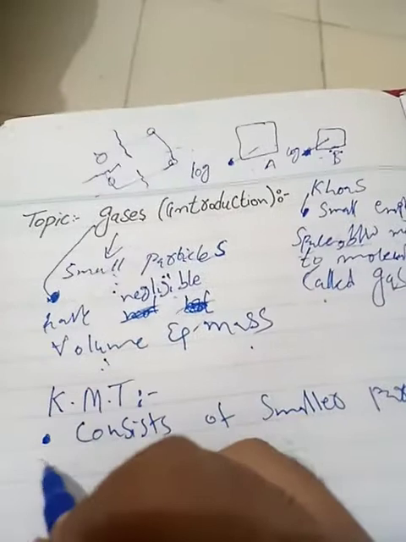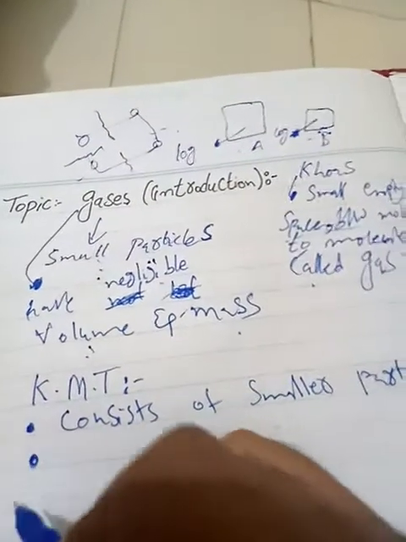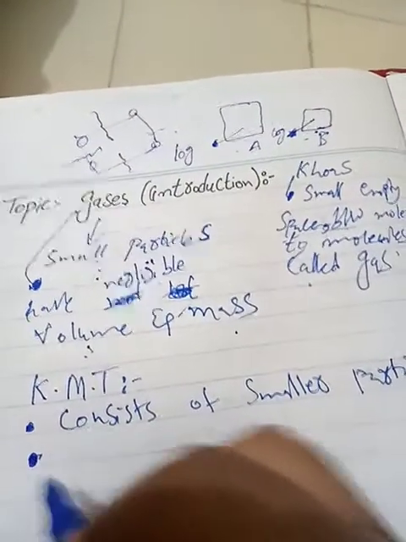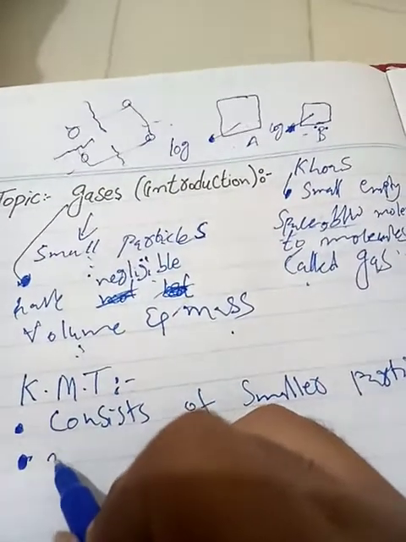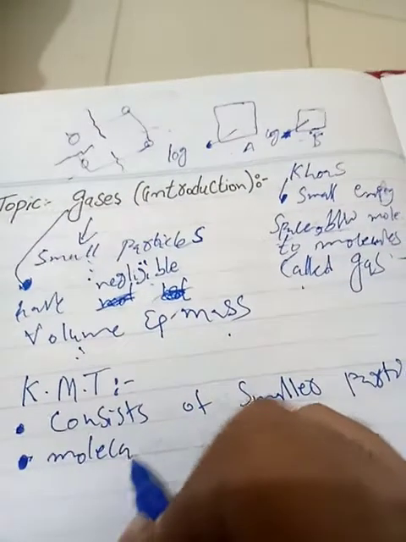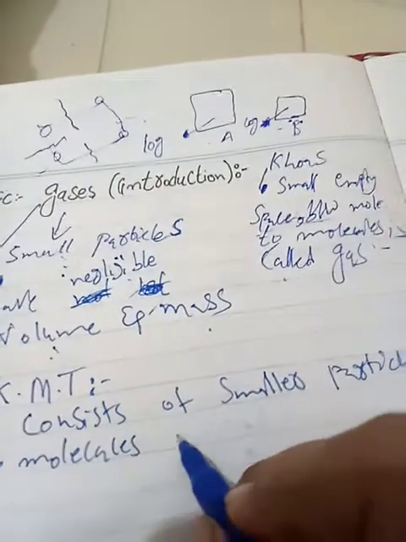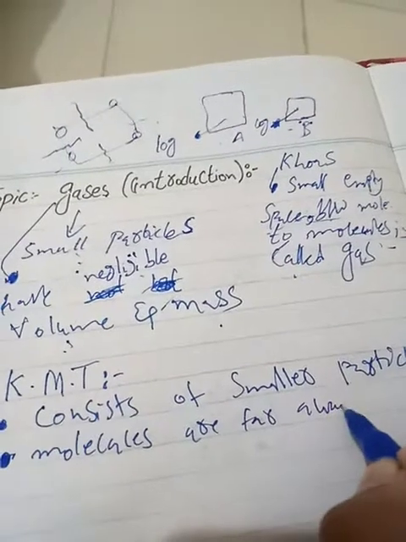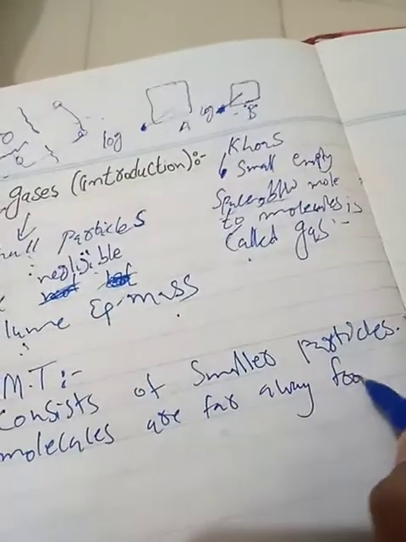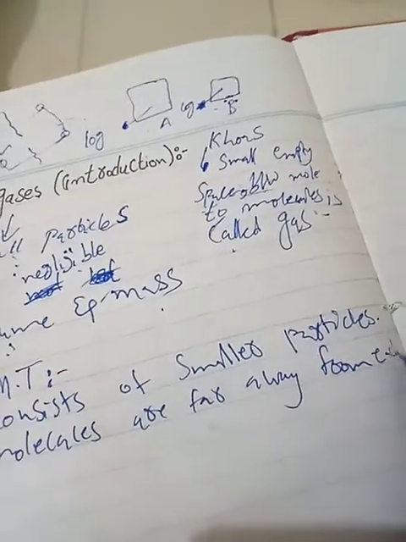The second point in KMT is that the molecules of gases are far away from each other.